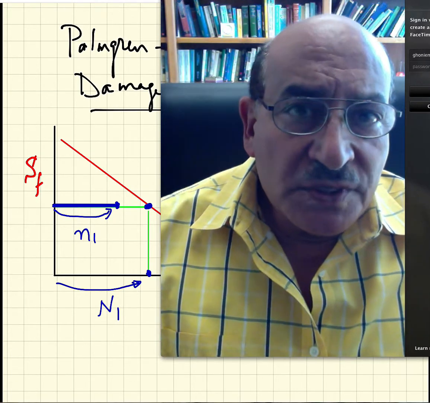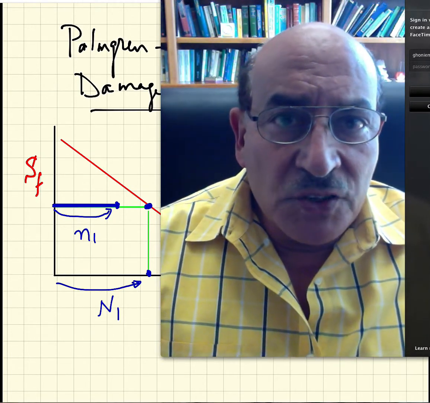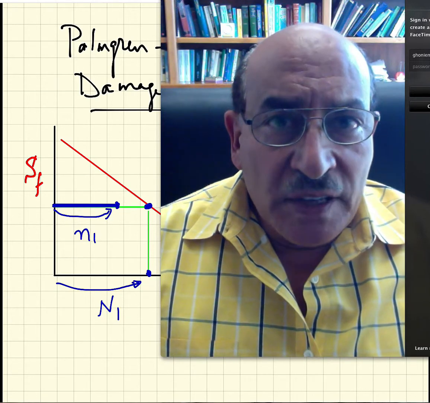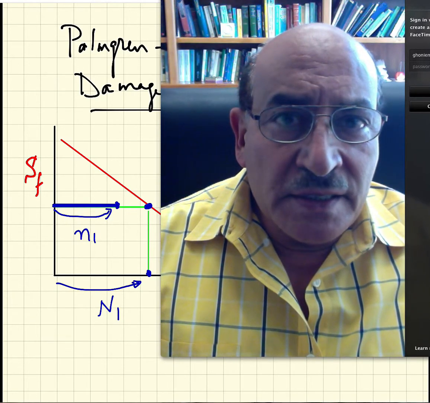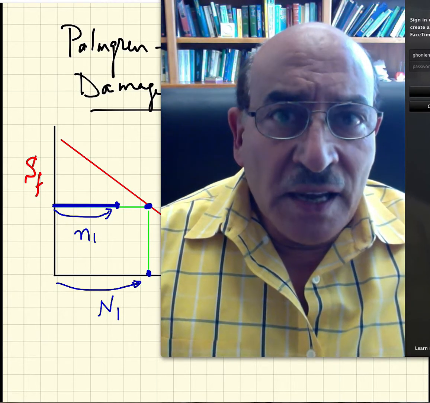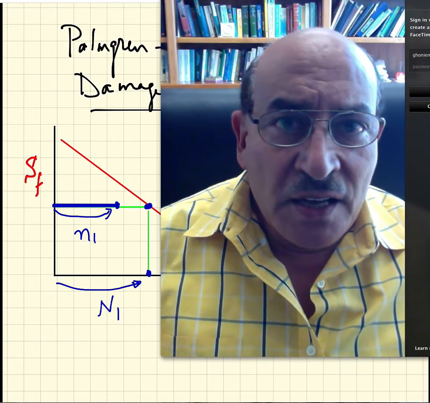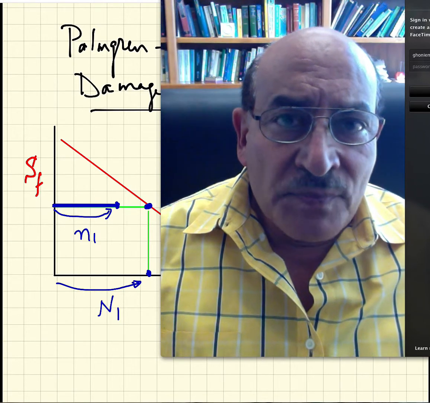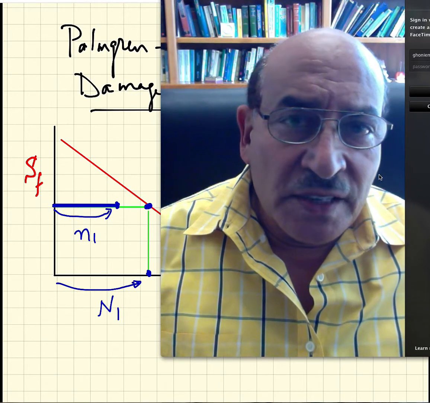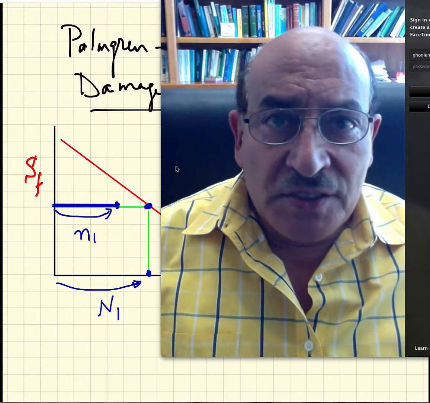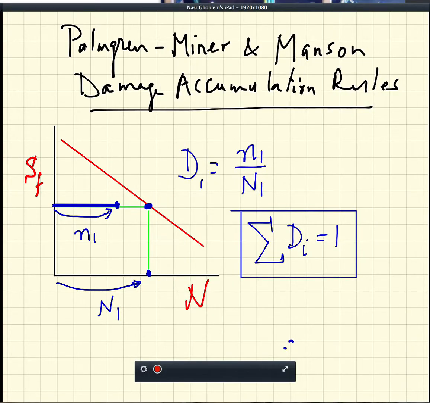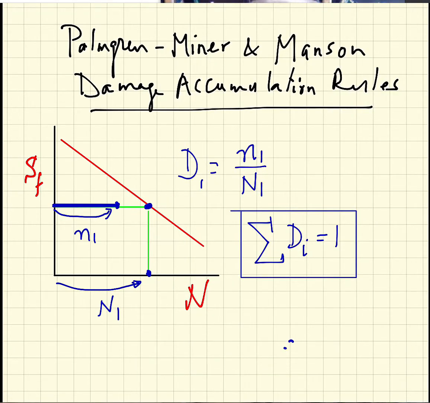The main rule that we have here for accumulating damage was developed a long time ago by the engineers Miner, and then later in the 60s by Manson. So we'll just mention what is the Miner Rule and what is Manson's rule in computing accumulation of fatigue damage. So if you look here, you see that we have two main rules.